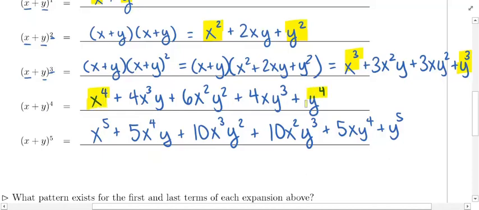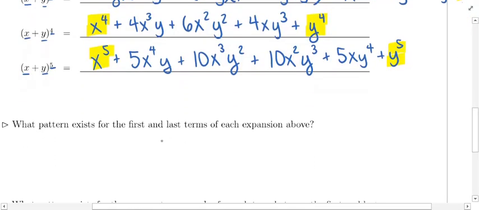The last term is y to the 4th. Bet you can't guess this. When you get to x plus y quantity to the 5th power, the first term is going to be x to the 5th, and the last term is going to be y to the 5th. Again, it's just your first term in the binomial raised to the power, and then your last term in the binomial raised to the power.